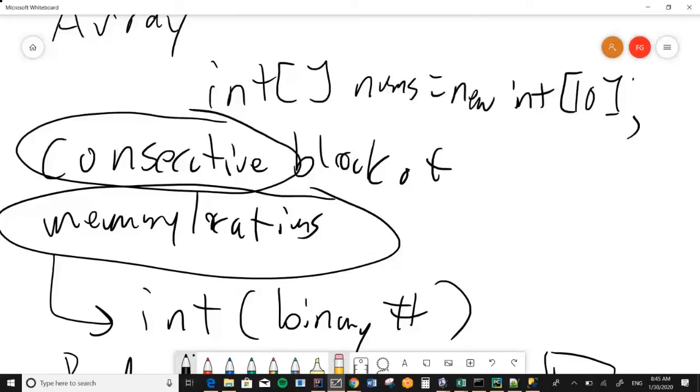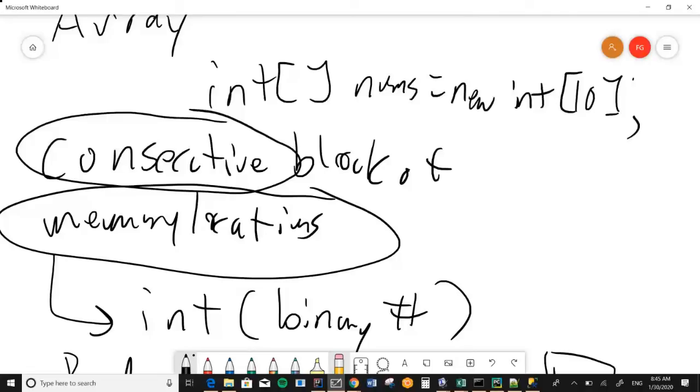And one of the jobs of an operating system, and we'll see this in chapter 12 in this book, is to actually maintain a list of which RAM locations are reserved and which ones are available. And it's called the heap. And that's different than a priority queue. Like, we use heap in two ways.